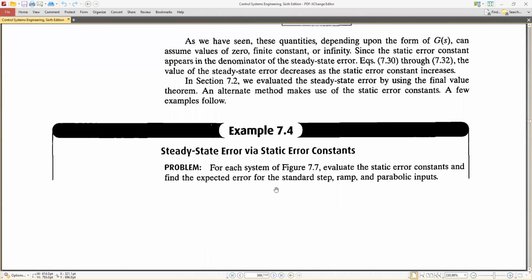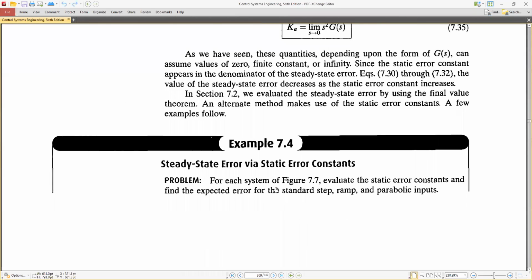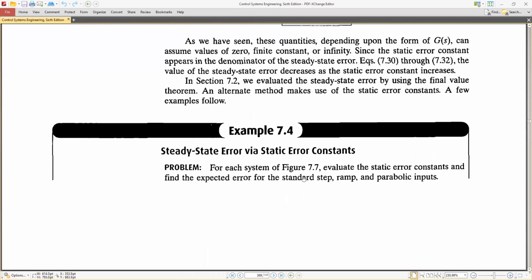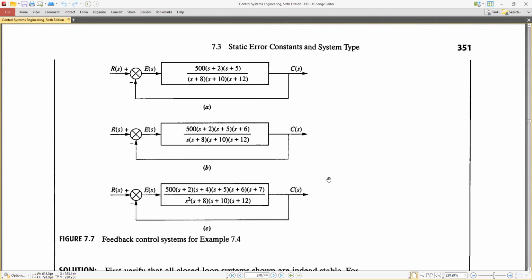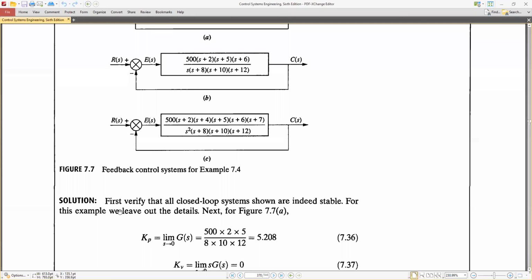Now for each system of figure 7.7, evaluate the static error constants and find the expected error for the step, ramp, and parabolic inputs. So first of all, you have to check this one. So three figures are given. First, verify that all closed loop systems shown are stable.